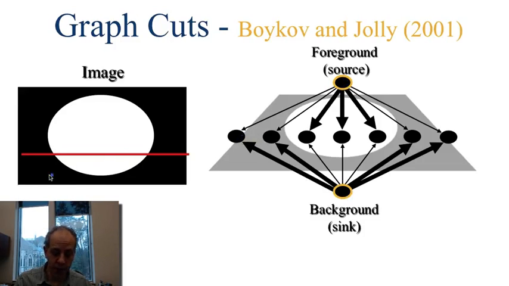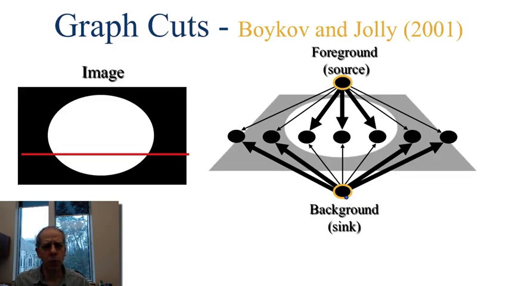So for every pixel in the image, we got a node, and we look at that node, and somehow we say, what's your probability of being foreground? And we connect that to the source with the weight related to that probability. That's the weight of the edge. And then we ask, what's your probability of being background? And we use that probability to define the weight of the edge that connects to the background sink.